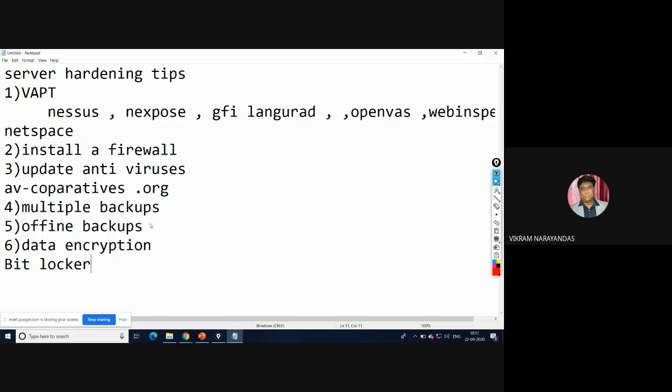If you encrypt your data, it is not easy to retrieve it without a key. BitLocker is software to encrypt your hard disk data, pen drive data, or any external device data. Different tools are there for data encryption, but BitLocker is one of the most powerful.